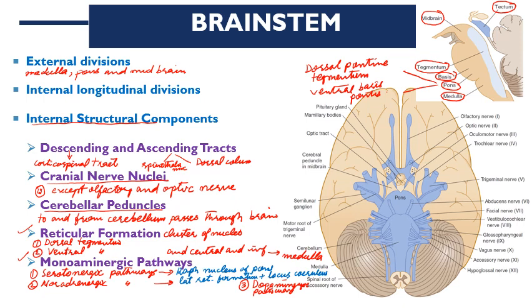The dopaminergic pathways arise from the substantia nigra of midbrain.